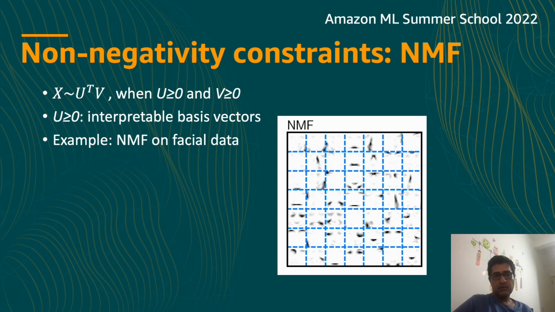Okay. So, for example, if you were to carry out NMF on facial recognition data, or the facial data, this is how it will look, and you can see how eyes are coming out at certain places, and certain nose related features are coming out.